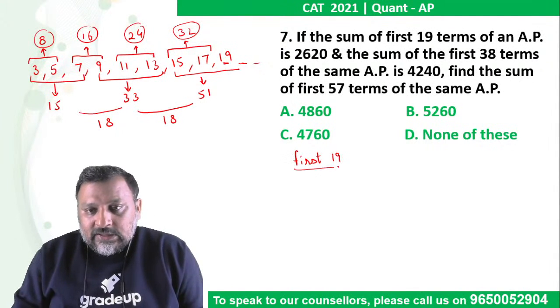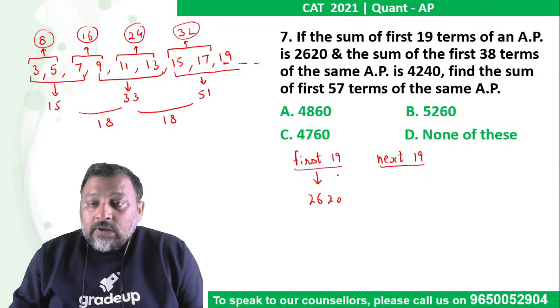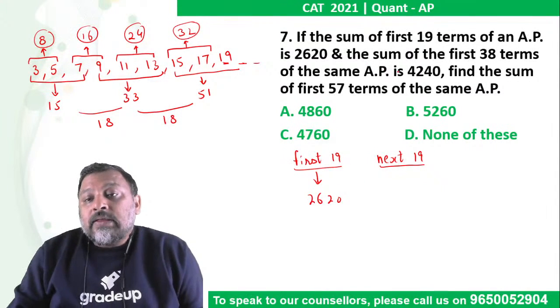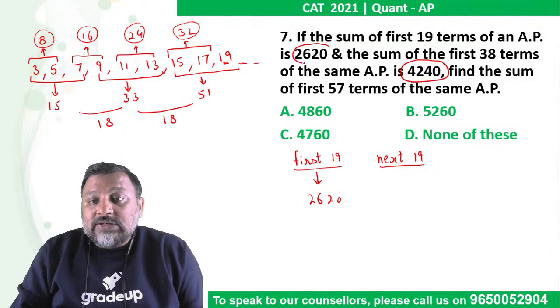फर्स्ट 19 क्या दिया हुआ है उनका सम 2620. नेक्स्ट 19 का सम क्या होगा, ये आपको सम है फर्स्ट 38 का एंड दिस इज द सम ऑफ फर्स्ट 19.